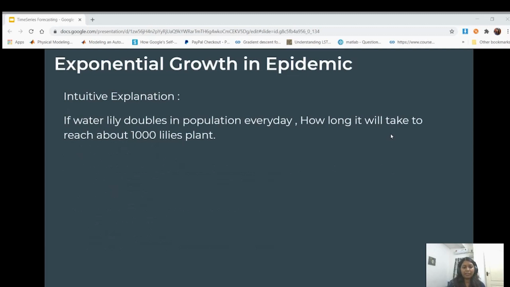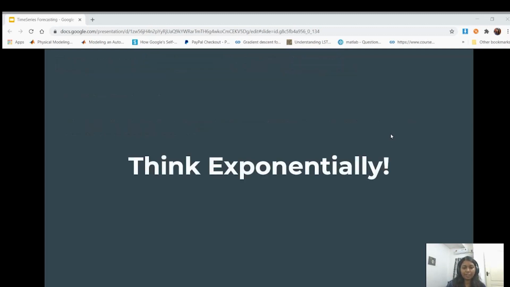Now, there's a case. Intuitively explain: if there's one water lily and it doubles its population every day, how long will it take to reach about 1,000 lily plants from that one water lily? Think exponentially.